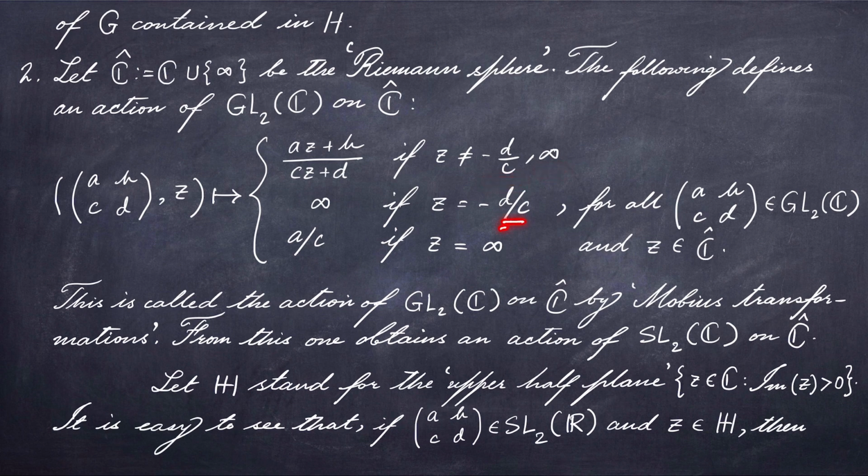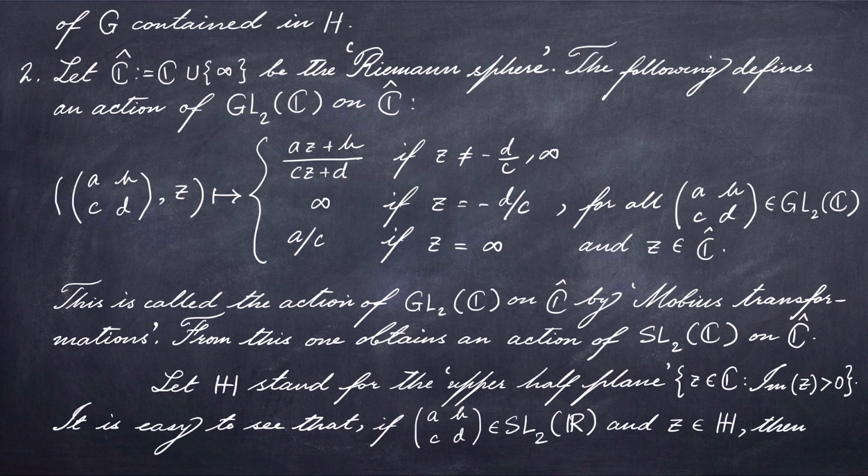If z equals -d/c, then it sends z to infinity, and if z is infinity, then it is sent by the matrix to a/c. It is easy to see that this defines an action of GL2(C) on C hat. This action is called the action of GL2(C) on the Riemann sphere by Mobius transformations.